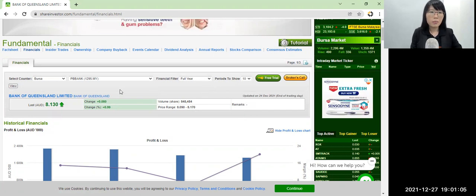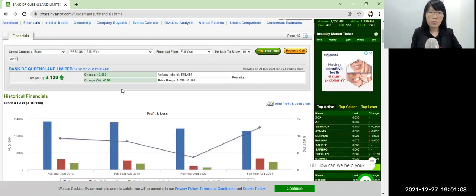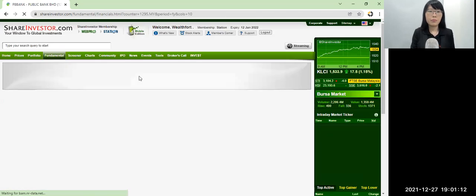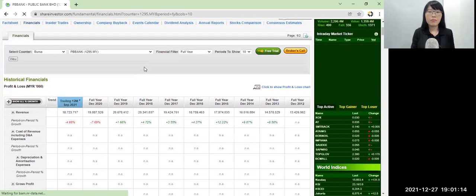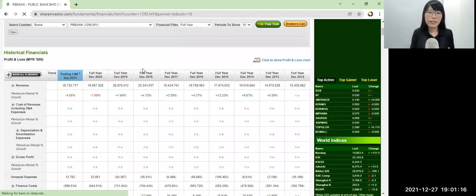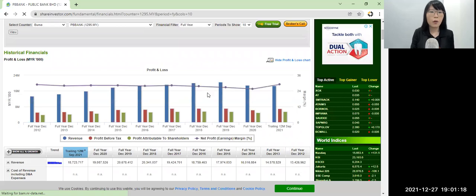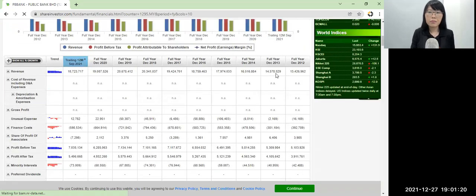Okay. And then you select view. So you can get 10 years of data for Public Bank from 2012 to 2021. Okay.